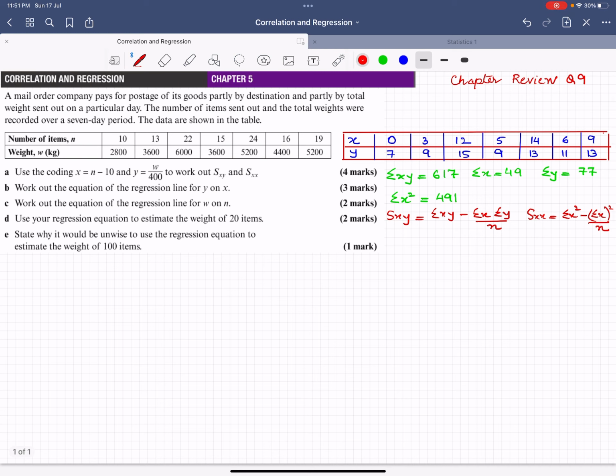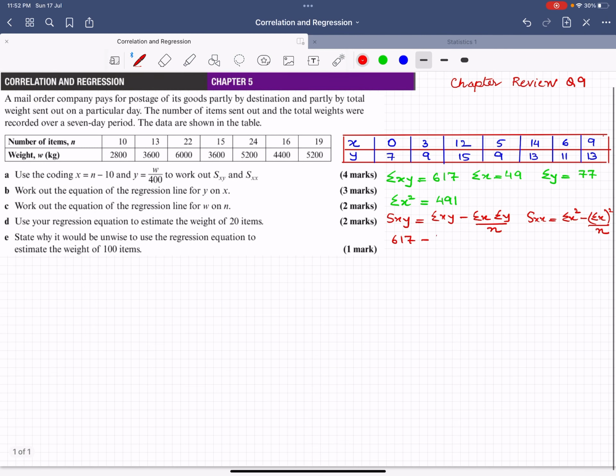So we have 617 minus sigma x, which is 49, multiplied by sigma y, which is 77, divided by the total number of days, which is 1, 2, 3, 4, 5, 6, 7, as it is over a 7-day period. So we divide it by 7, and once we calculate, we get the value of Sxy as 78. We can write it here. This is equal to 78.